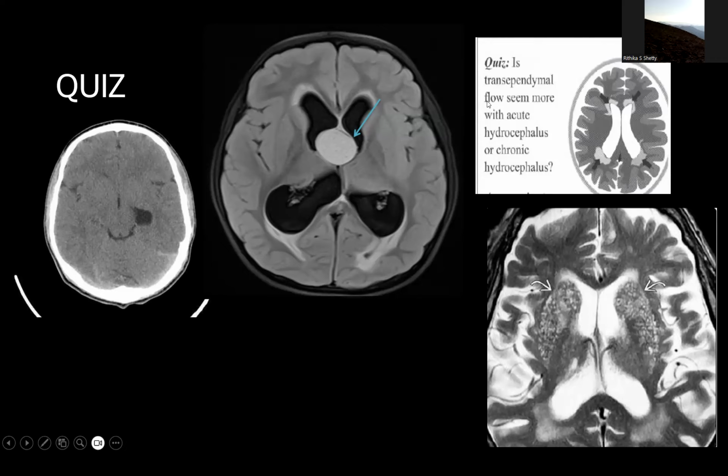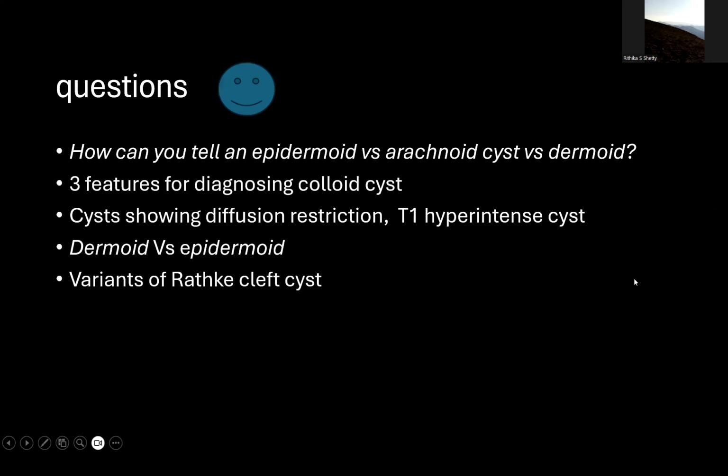Is transependymal flow seen more with acute hydrocephalus or chronic? As I told, it can cause sudden death of a patient because whenever we see transependymal flow, it is acute hydrocephalus. This is cribriform state, the dilated, enlarged Virchow-Robin space.